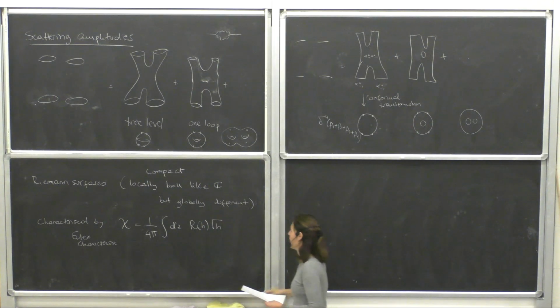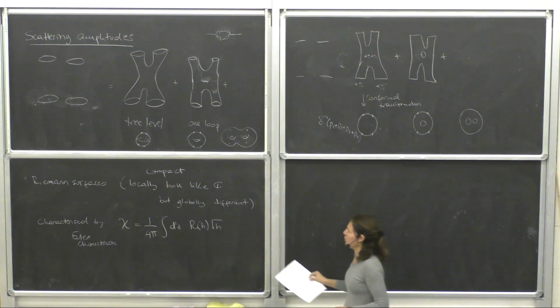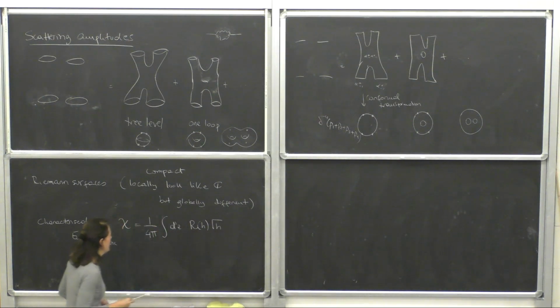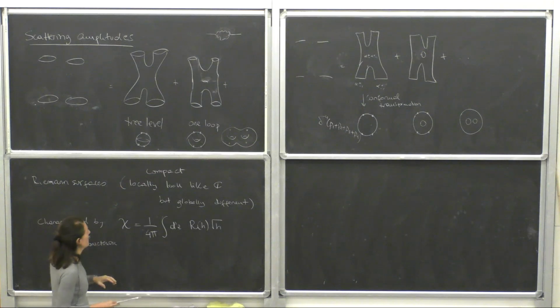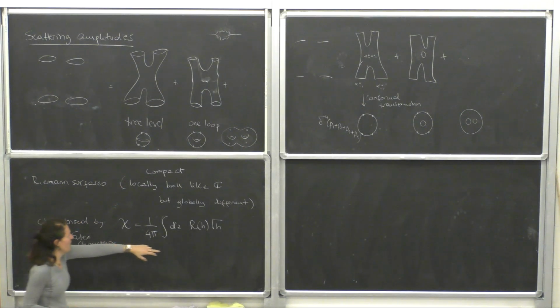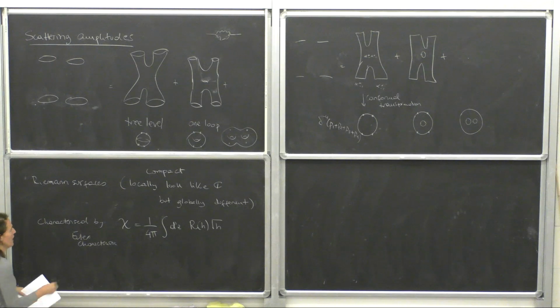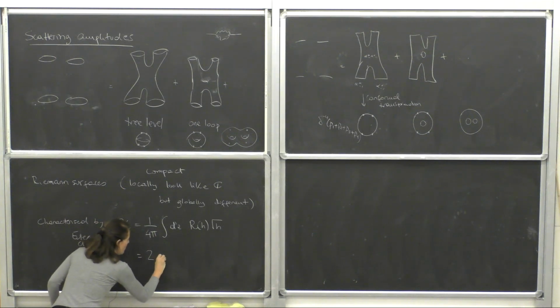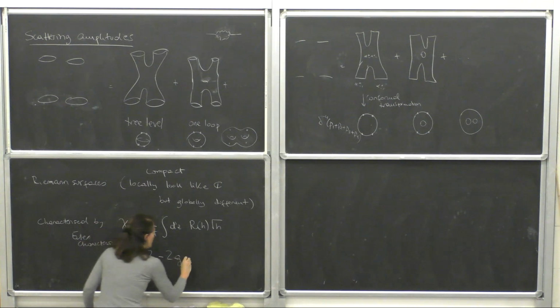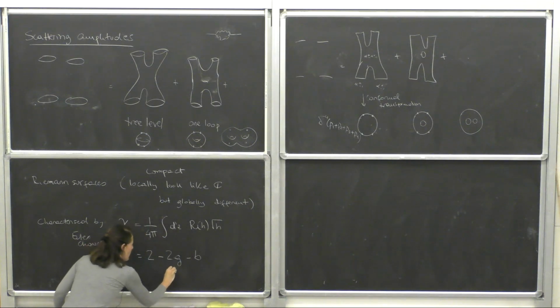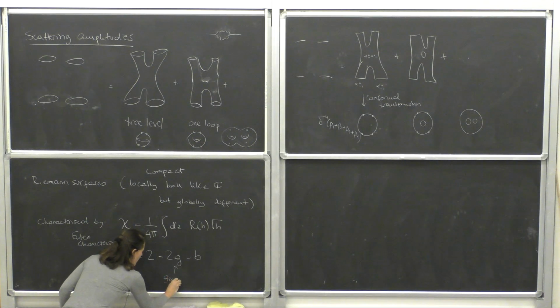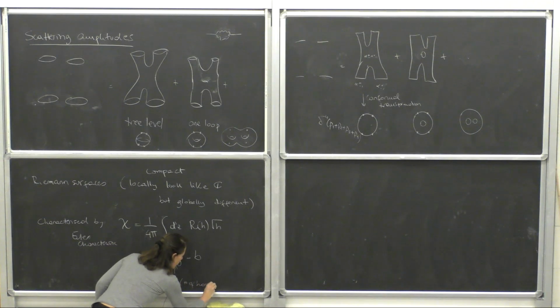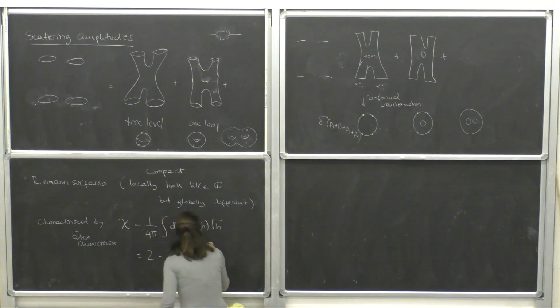Here I'm taking Euclidean signature. You can define different metrics for these surfaces, but if you integrate this, it is a topological number, and it is equal to 2 minus 2 times the genus minus the number of boundaries. The genus is the number of handles, and this is the number of boundaries.